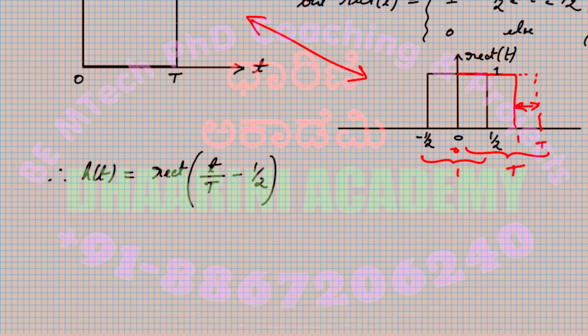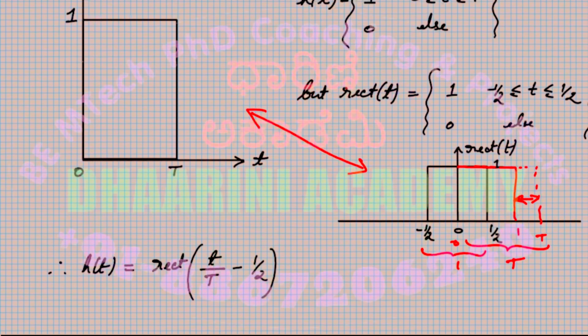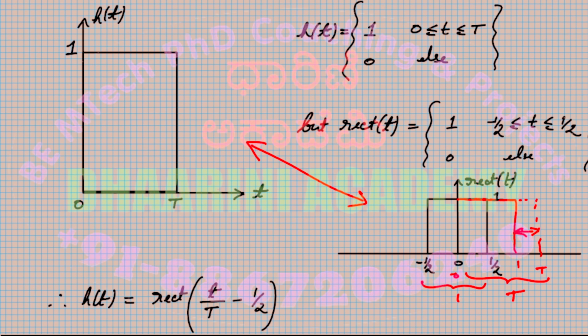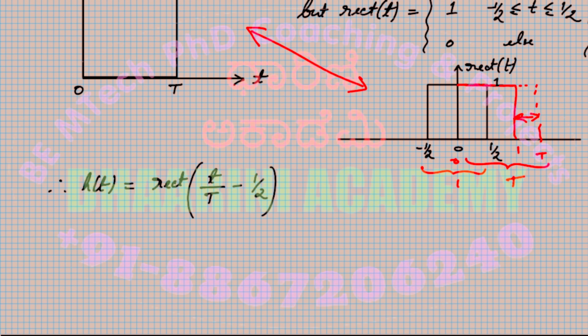Okay, absolutely fine. So we converted this into the rect function. Now we will do the analysis using this particular notation. This is the h of t in terms of equation, right? If you want to give an equation for the rectangular pulse which is being used in this concept, then the equation for that h of t should be rect of small t by capital T minus half.